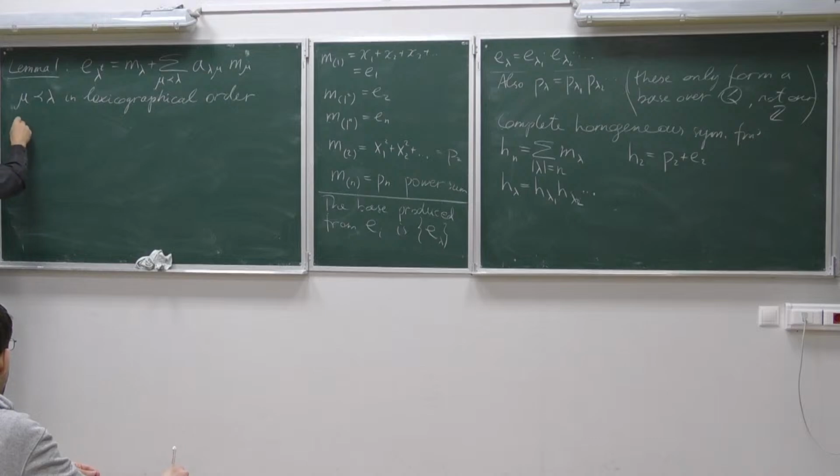which means that mu should be less than lambda, right?